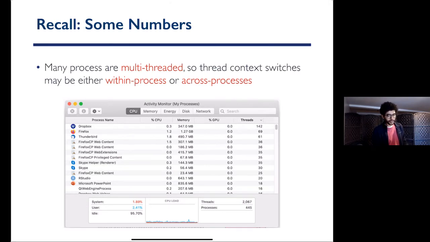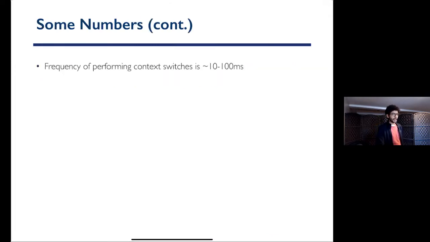Now, to just remind you about the big picture, if you remember from the past, in our systems, we have a ton of threads, really big numbers of threads. Why is this important? Because context switching between these threads takes time. Now, how often do we context switch between these threads?